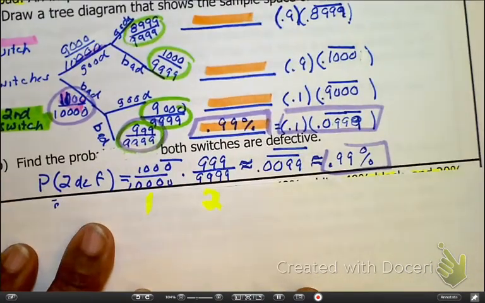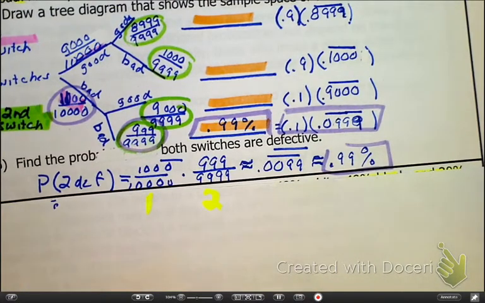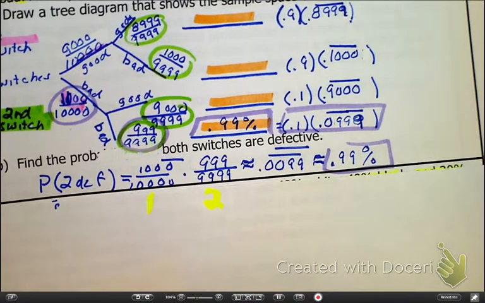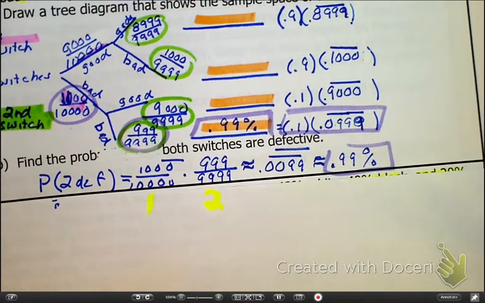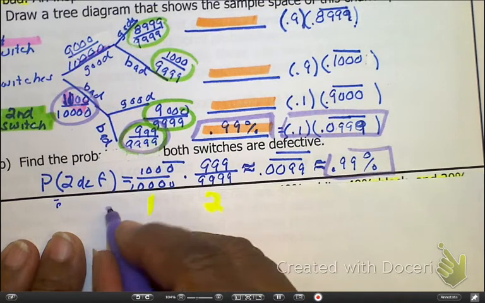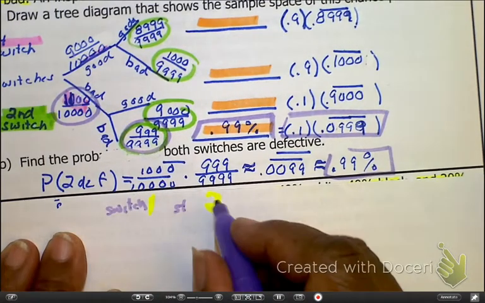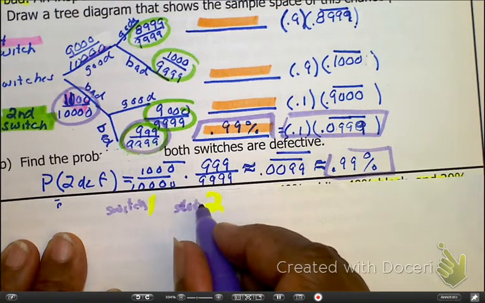And we know, based on the idea of dependent probability from prior classes, I'm just going to be multiplying the probability of switch 1 occurring times the probability of switch 2, and then I'm going to get my math.